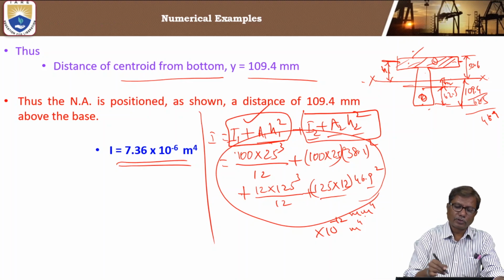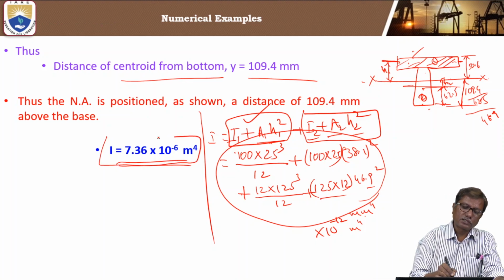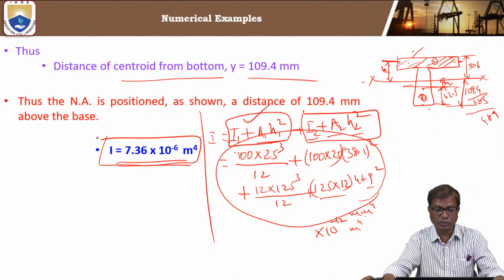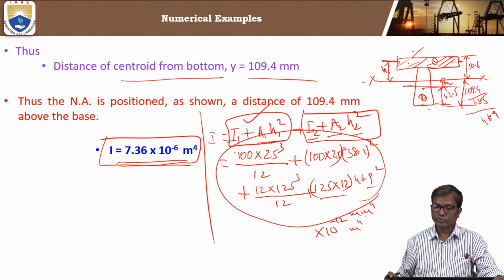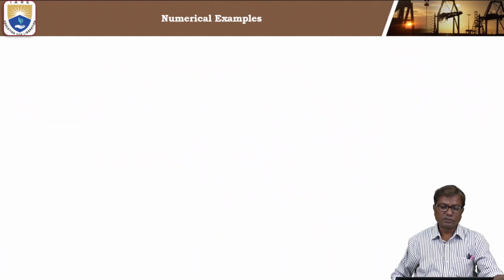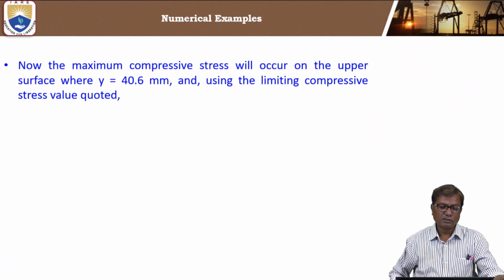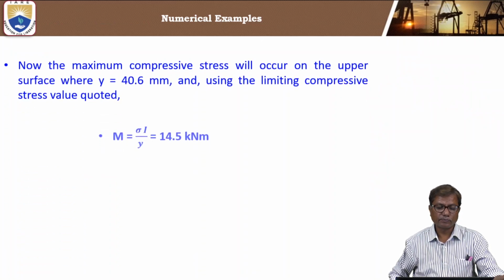So moment of inertia in meter power 4 is 7.36 into 10 power minus 6.